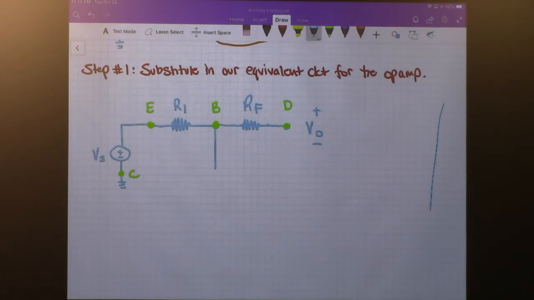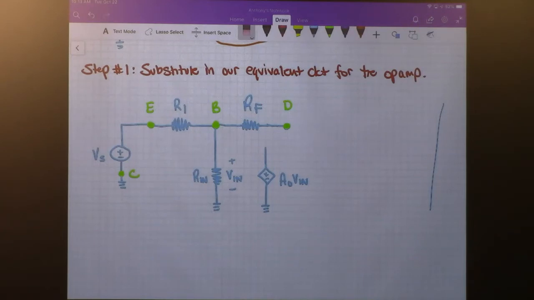It's essentially an input resistance. So this is R in, and it has a voltage V in across it. There is a dependent voltage source whose generated voltage is A naught times V in.